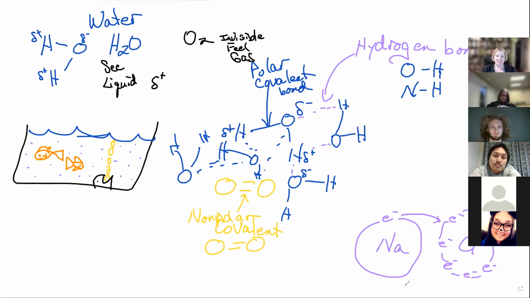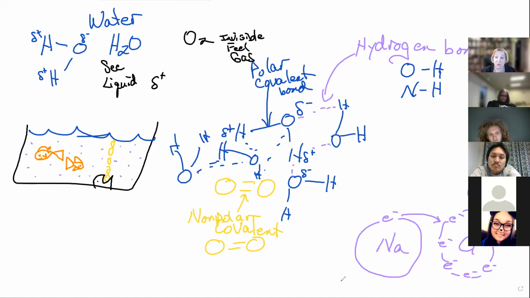Take it, it's yours. You don't even need to pay me back. So this electron goes over to chlorine, and so chlorine now has 1 more electron than it has protons. So it gets a full negative charge. None of this funky delta partial charge thing.